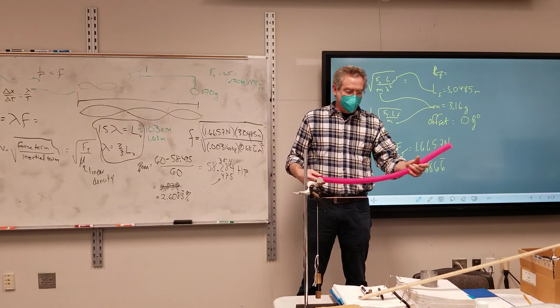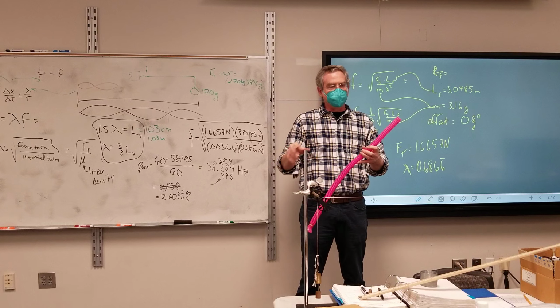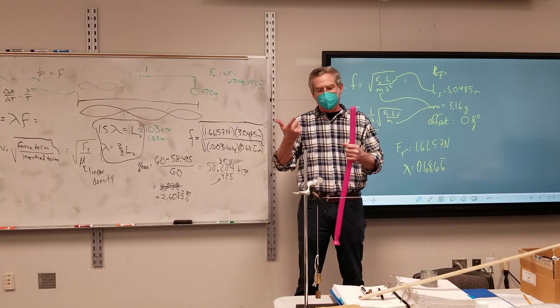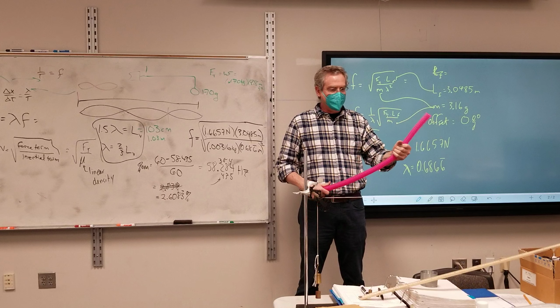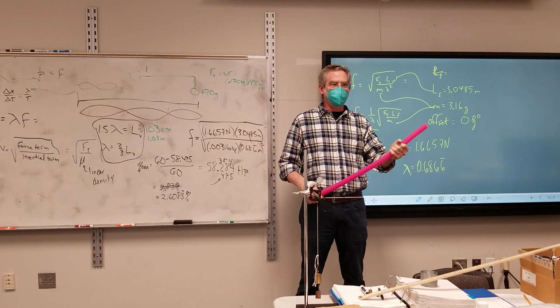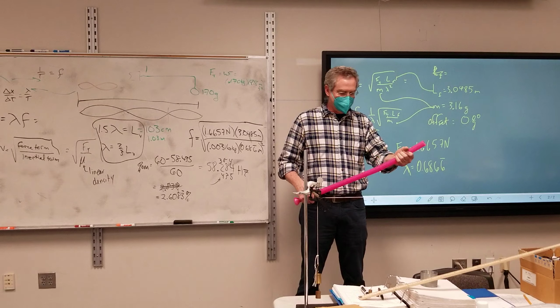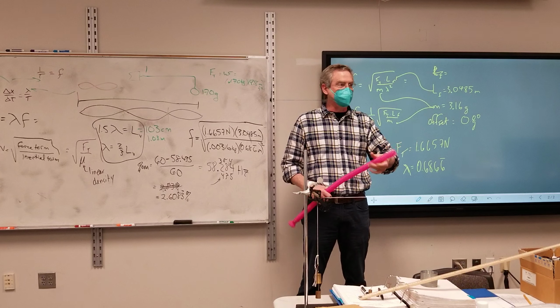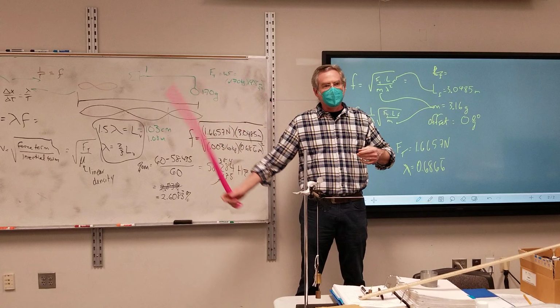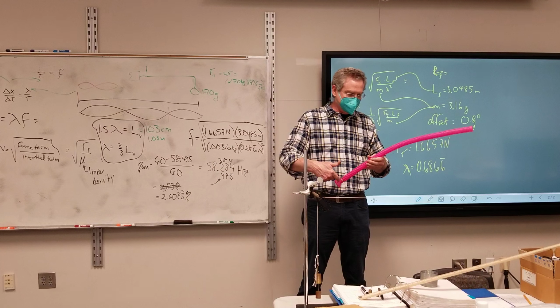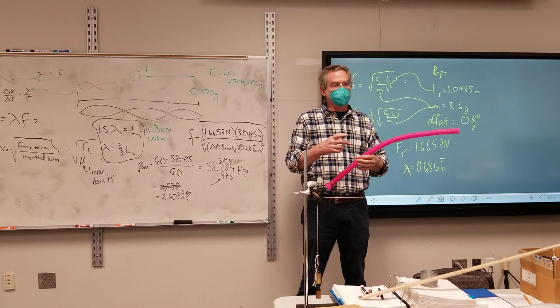Now, the ridges help the air to vibrate. If it were a straight tube, it just wouldn't whistle the same way. The ridges get the air to vibrate.